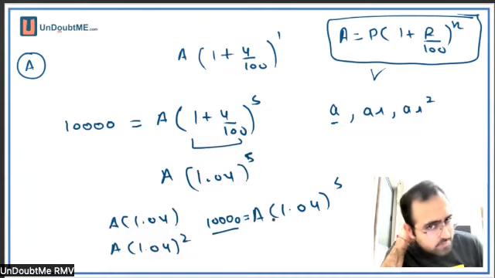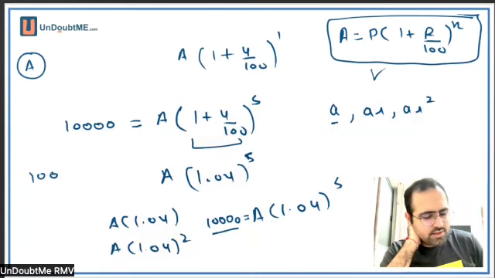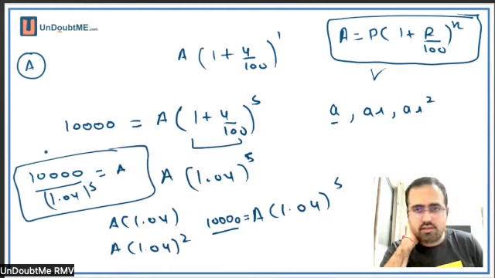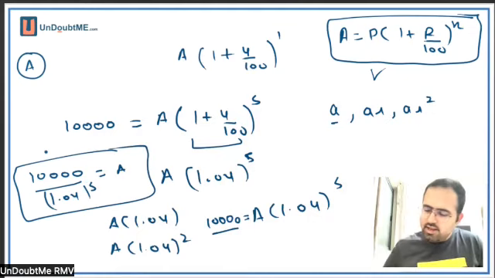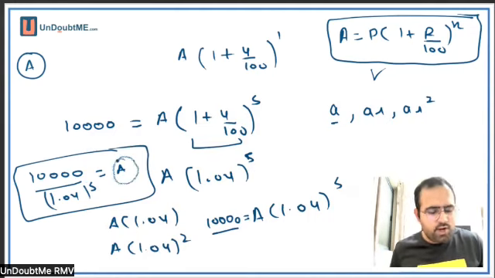Is it clear or not? Yes, sir. So now can you calculate after this? Like you have to just do this in the calculator. 10,000 divided by 1.04 to the power 5 is equal to A. That will give you the first answer. And next they are saying 10 years. So to get that, first you need to get the value of A, which you will find over here.